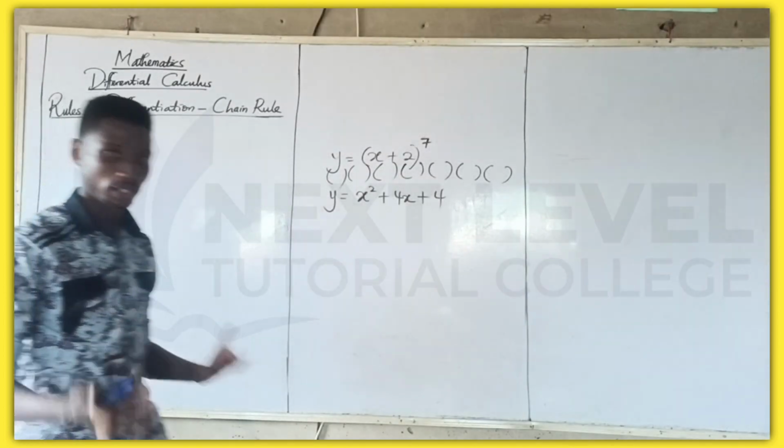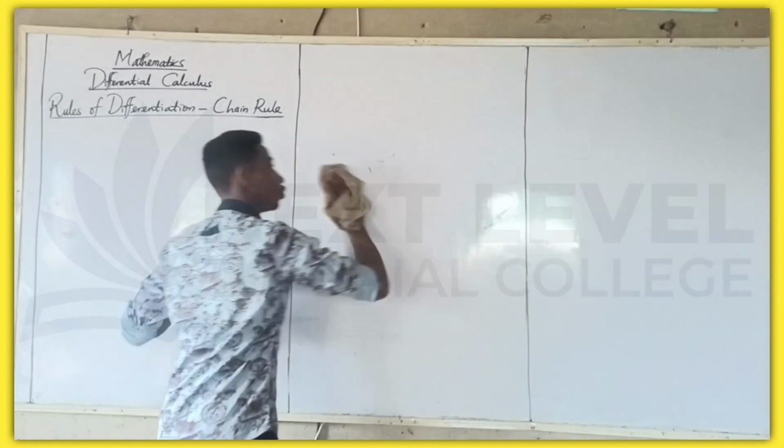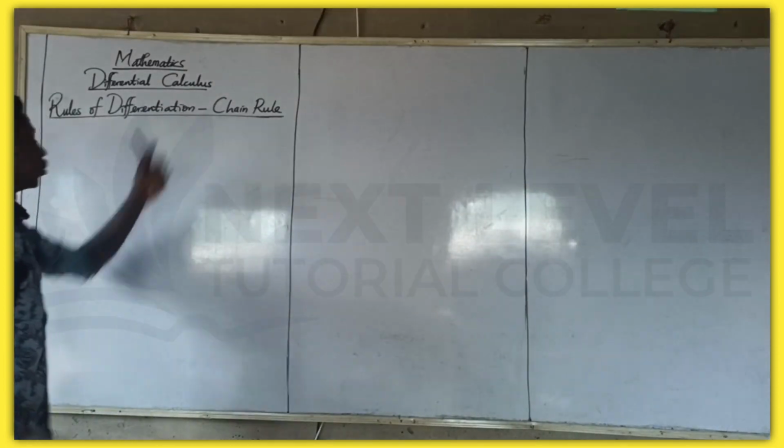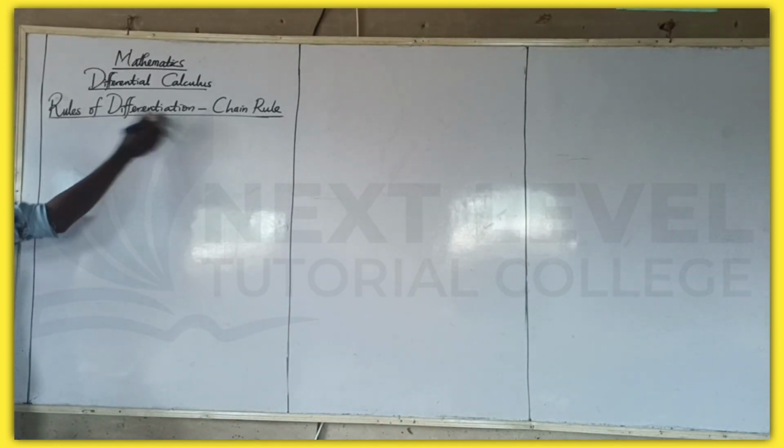So, how do you differentiate functions like this, where it is going to open up to give you a chain? Another name for chain rule is function of a function, and you will understand why in a bit. This is how we explain chain rule.